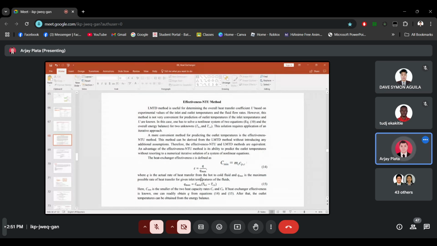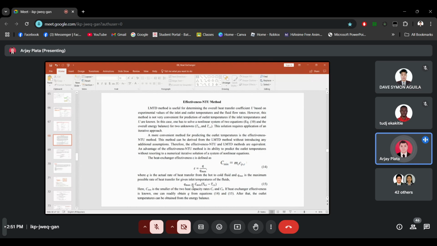It is useful if the effectiveness, THI or the temperature of the hot fluid inlet, and the cold fluid inlet temperatures are known. The actual rate of heat transfer can then be determined from this expression: Q equals effectiveness times Q max.